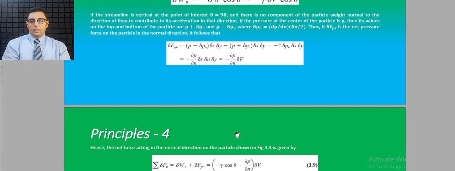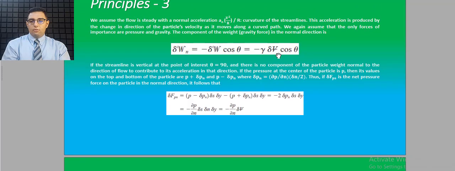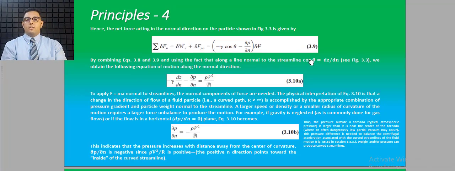So having the combination of this part and this part, we reach the net force of all the forces along the normal line in equation 3.9. As I already told you, we can describe the cosine theta as dz over dn.